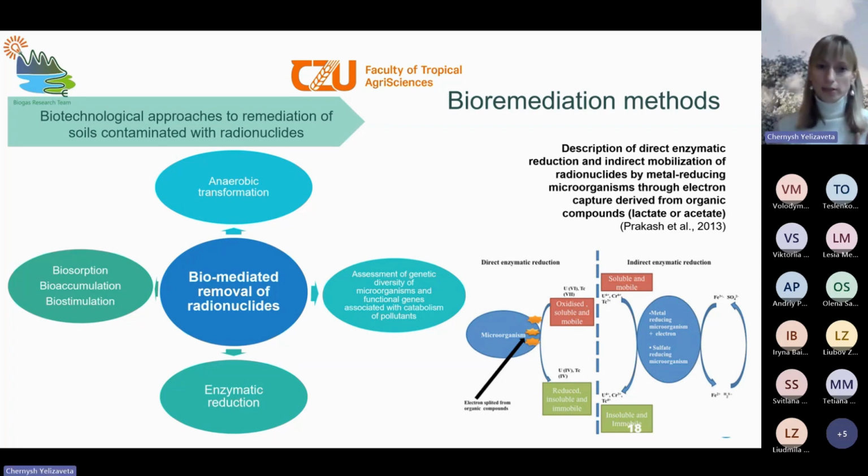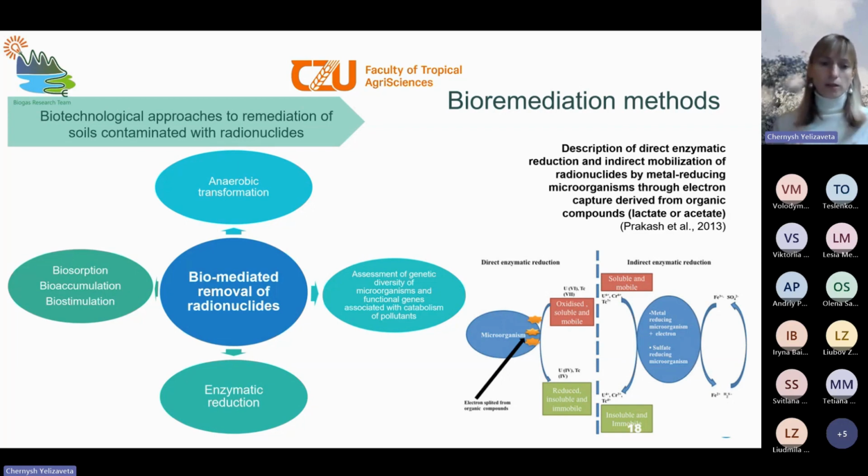So the basic thing to understand is that this biotechnological approach is based on nature's mechanism of protection of microorganisms from these pollutants, and this biological mechanism we apply through techniques in a biotechnological solution.